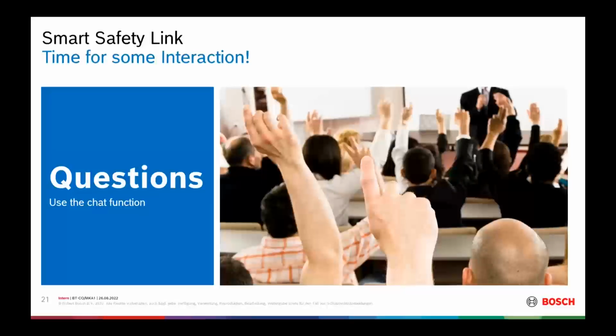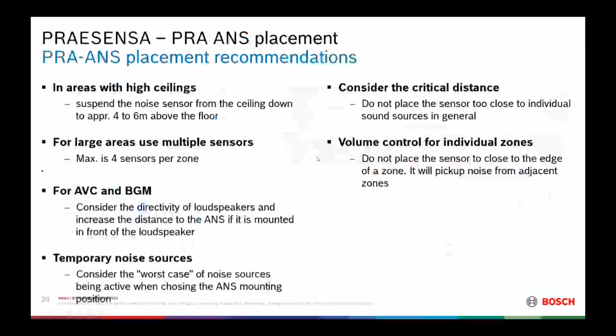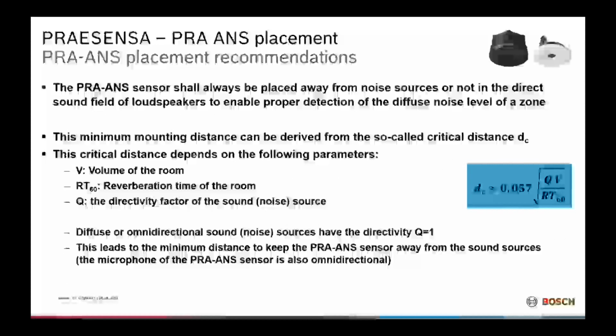And if my zone, which I want to influence, is much bigger, and I say, hey, maybe beyond this space I see the possibility that there is a relevant noise to be considered, then I should take my second or my third or my fourth sensor into account, because the zone is simply much bigger than the relevant diffuse sound field, which I can detect with a single sensor. So, yeah, again here, as I showed it here.